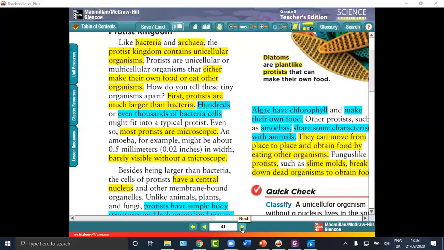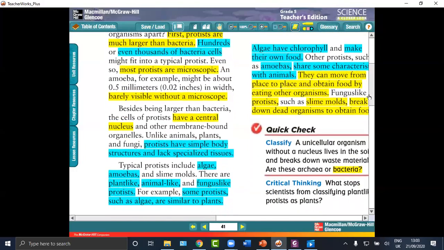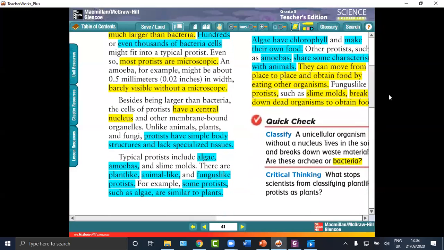We will move to page 42. Before that, we will try to answer a quick check. The question: unicellular organism without nucleus lives in the soil and breaks down waste materials.